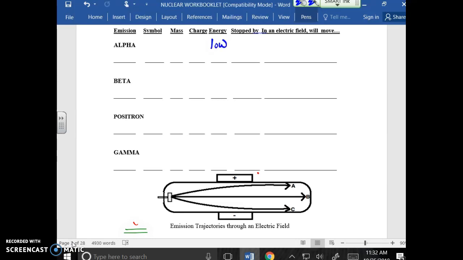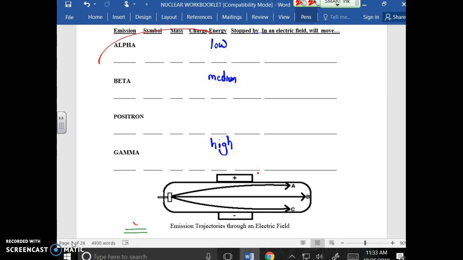As the particles get less massive, their energy increases because their velocity increases as their mass becomes insignificant. We would consider both beta and positrons medium in their energy, and the gammas are of extremely high energy. And we relate this amount of energy to how far these particles travel in air.